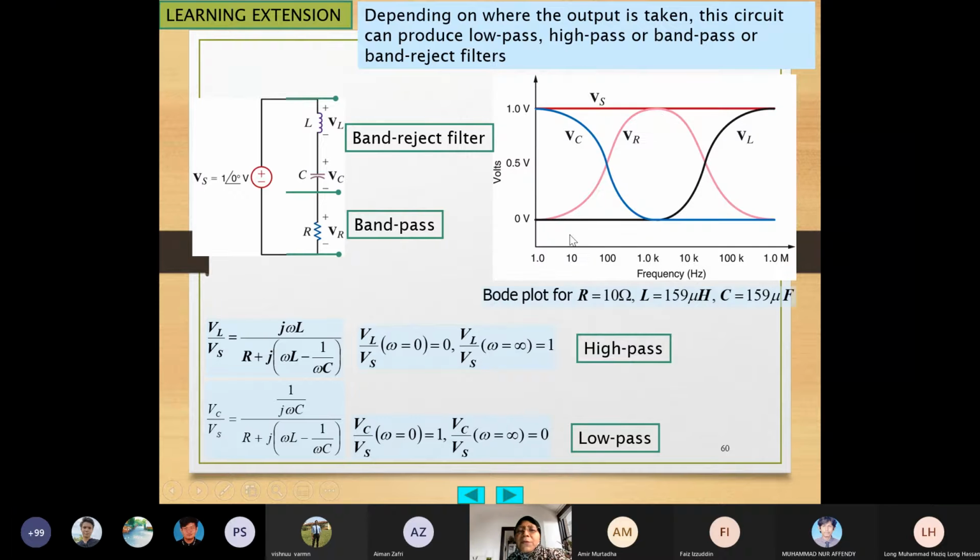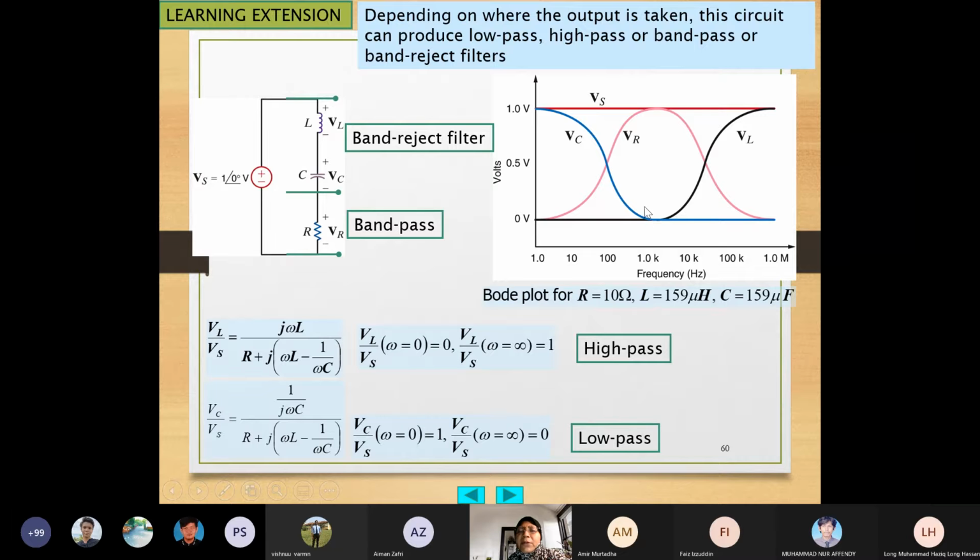Okay, so if you do the simple plotting comparing the behavior across the capacitor, inductor, and so on. So this blue curve, you have here VC, anything below this cutoff.